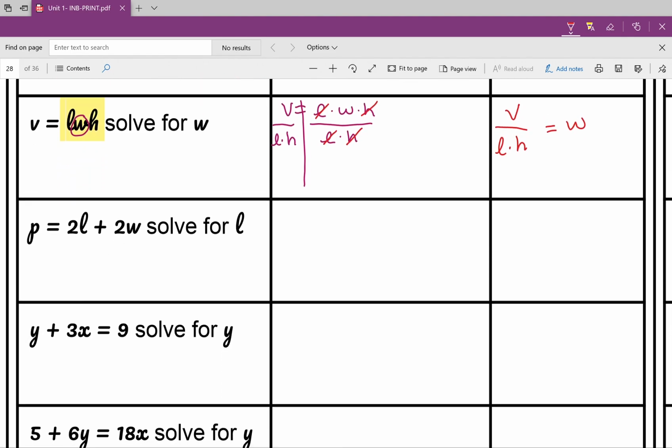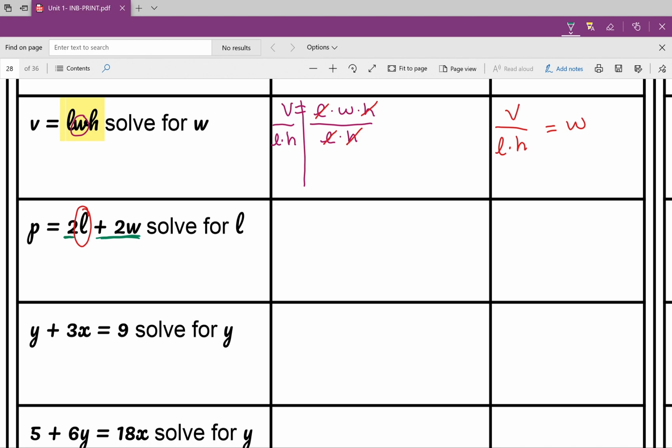Example 2 says P is equal to 2L plus 2W. It wants us to solve for L. Okay, so again, we're trying to get our letter L by itself. That means we have the 2 in the way and the plus 2W in the way. So we need to get rid of those first.